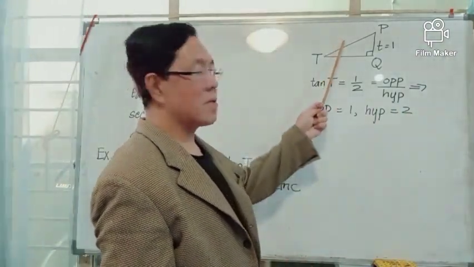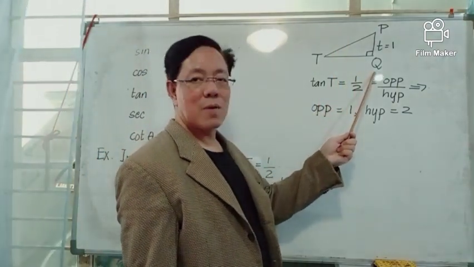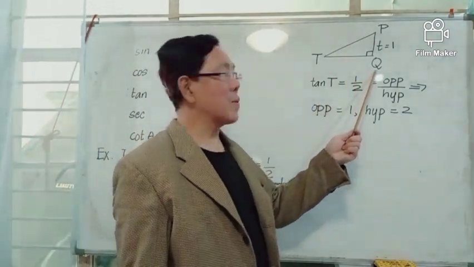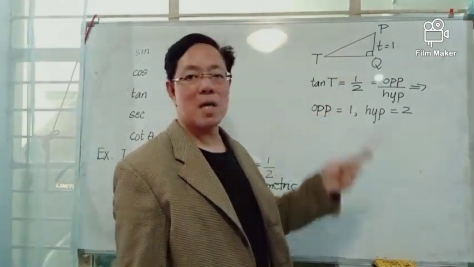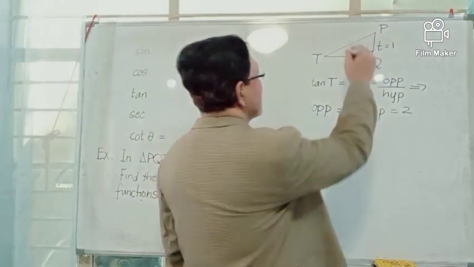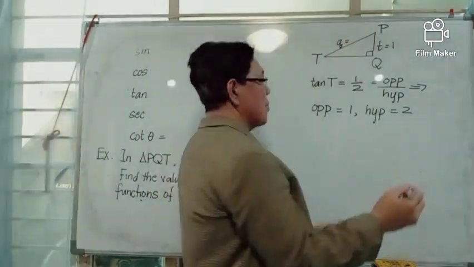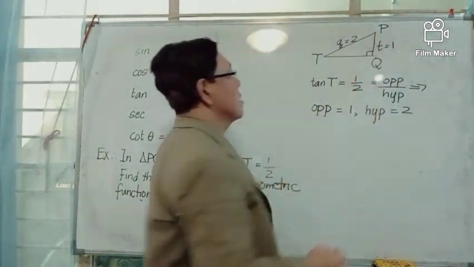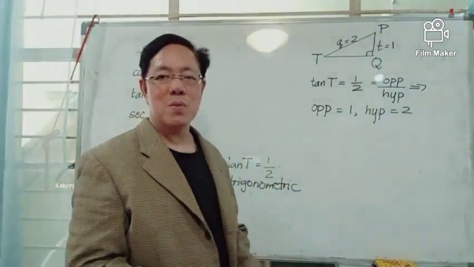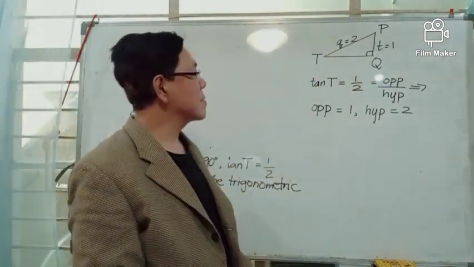The hypotenuse is the side opposite the right angle Q. The right angle is denoted by capital Q, thus we denote the side opposite the right angle Q by small letter q. Hence, the small q, the side opposite angle Q is the hypotenuse.